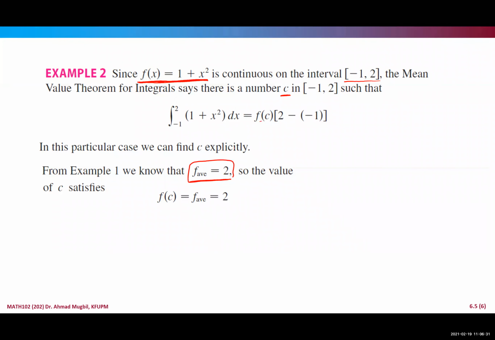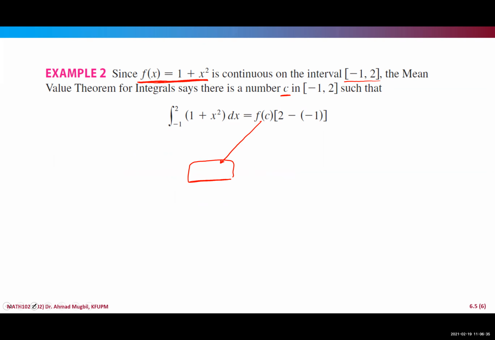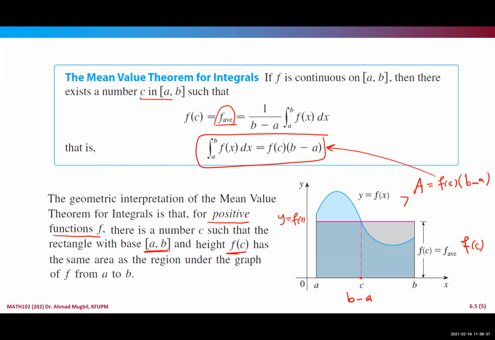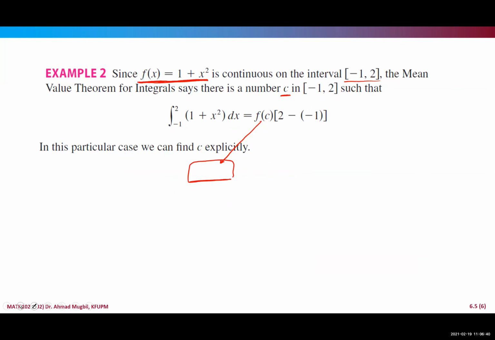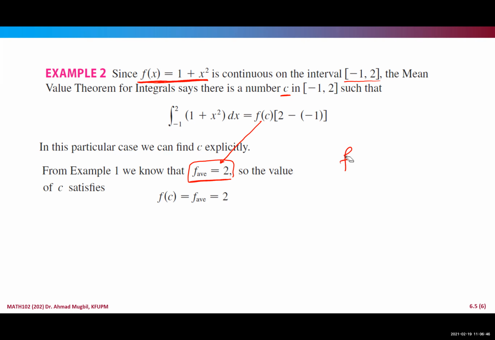So this means that f of c is 2. Because we said that f of c will be equal to the average value of the function. So here we know what f of c is. It is 2. And we have the function, f of x is 1 plus x squared.